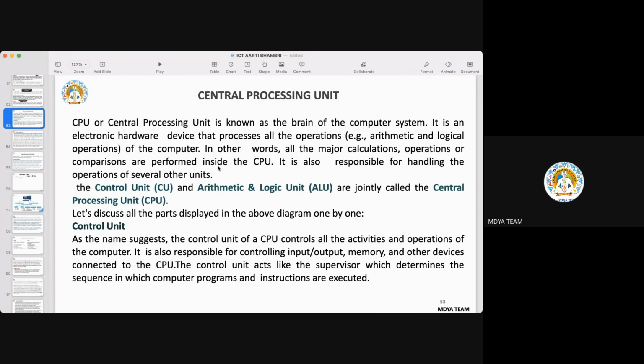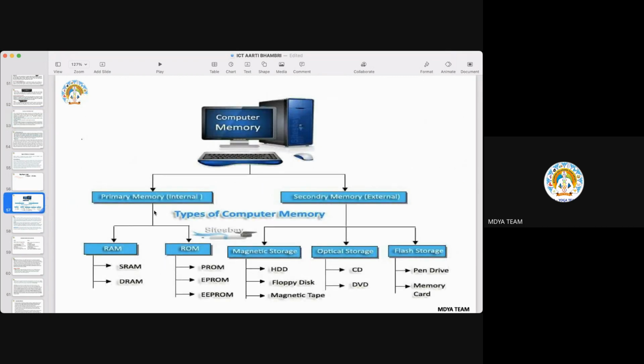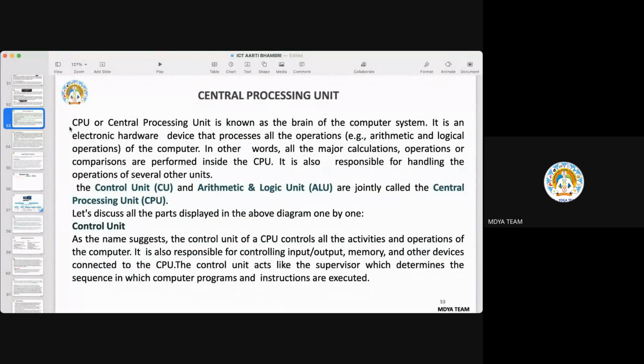So first we'll see the memory part. Okay, there is a block diagram I want to show, but it's nothing more important.